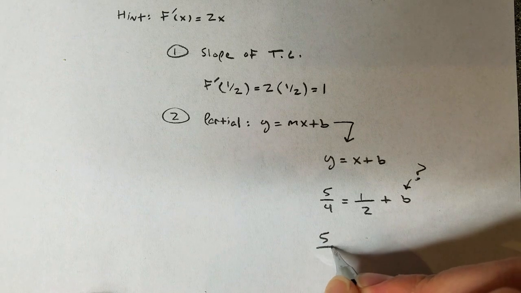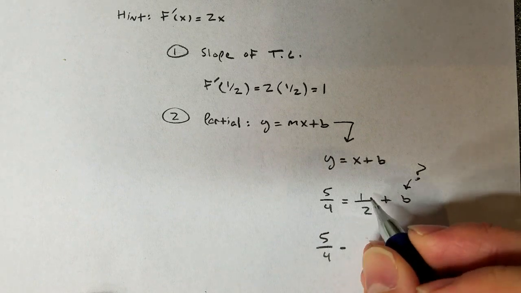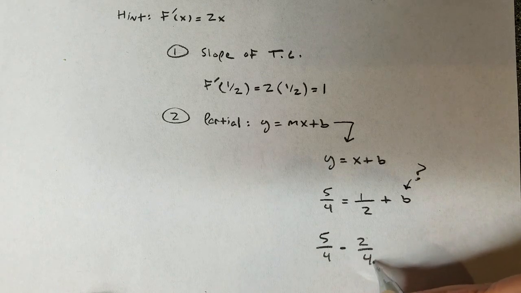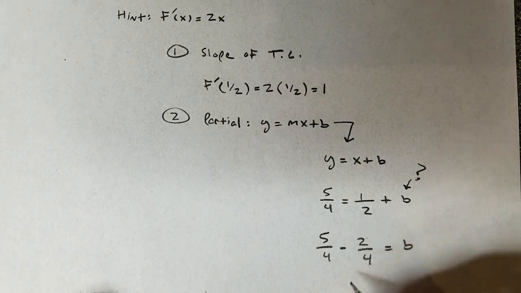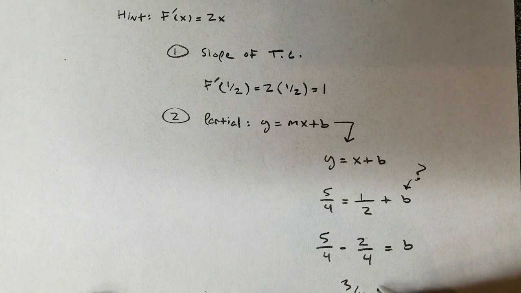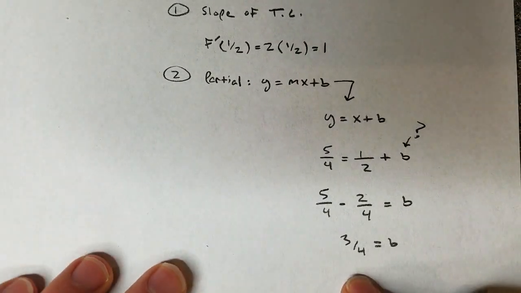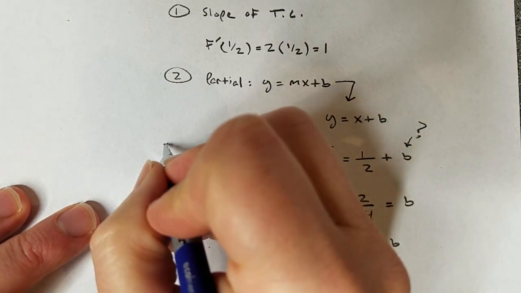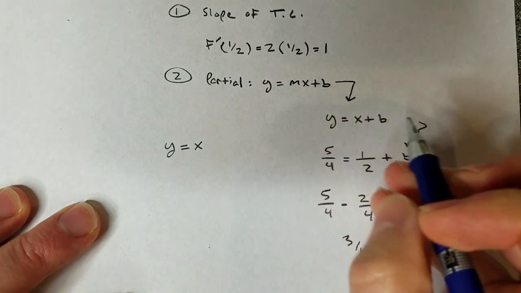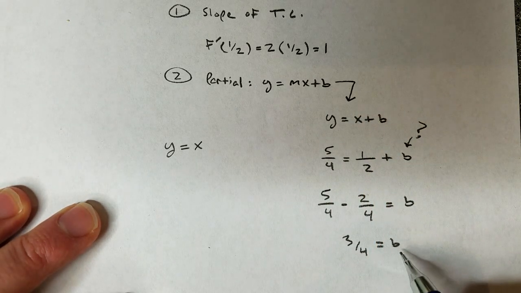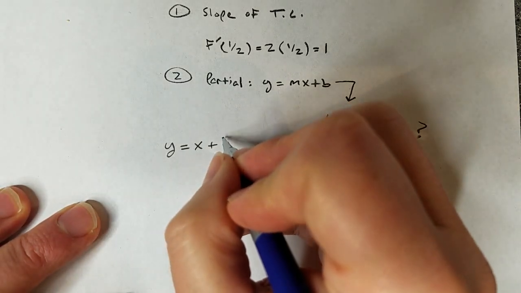We'll get 5 over 4 minus 2 over 4. That's going to be 3 over 4. B is 3/4. All right. So from that, I have my answer. Y is equal to x. That's what we found the slope to be. And I found b to be 3/4. X plus 3/4.